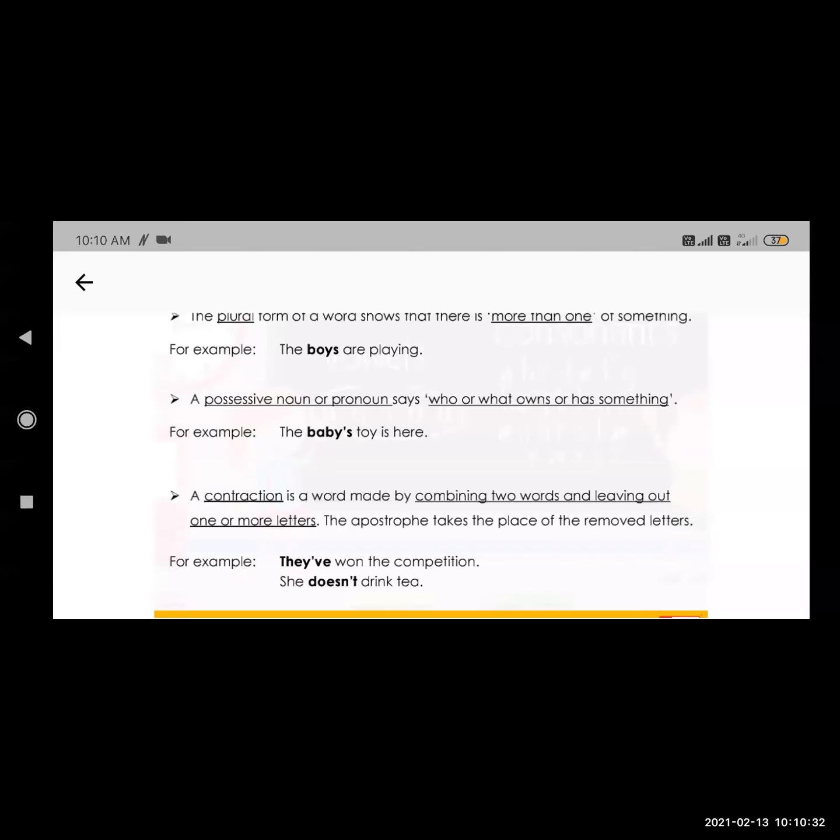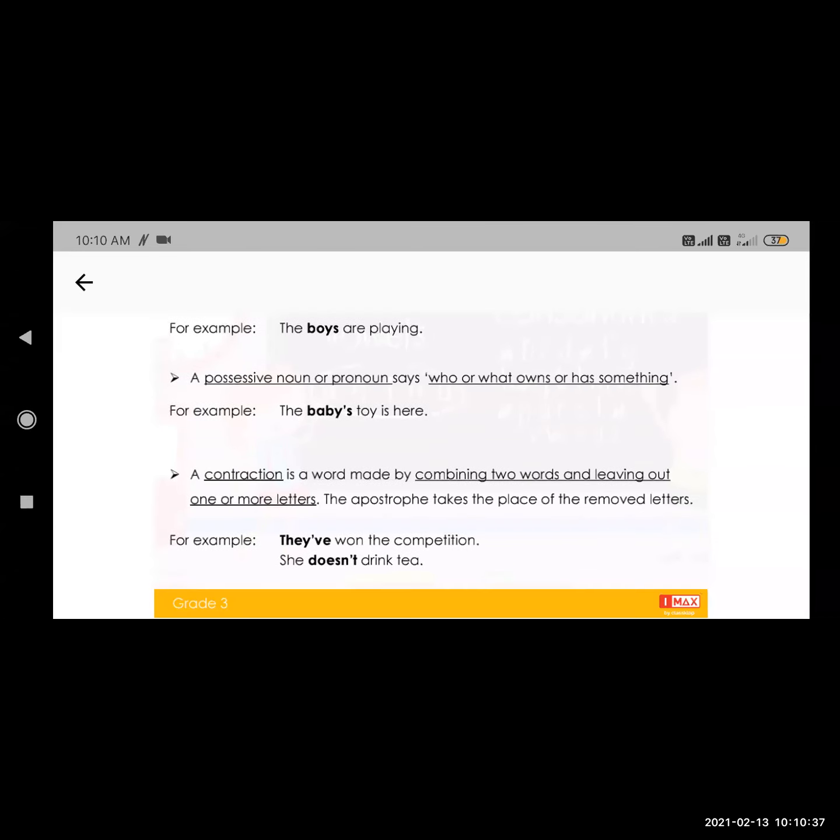A contraction is a word made by combining two words and leaving out one or more letters. So one or more letters are removed, and by using the apostrophe these words are joined. That kind of word is known as a contraction. Contraction involves the apostrophe.